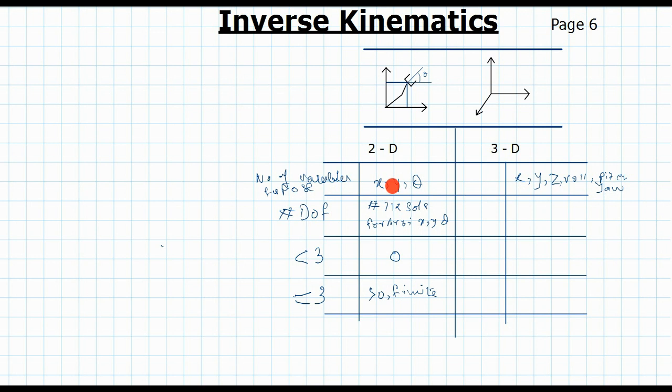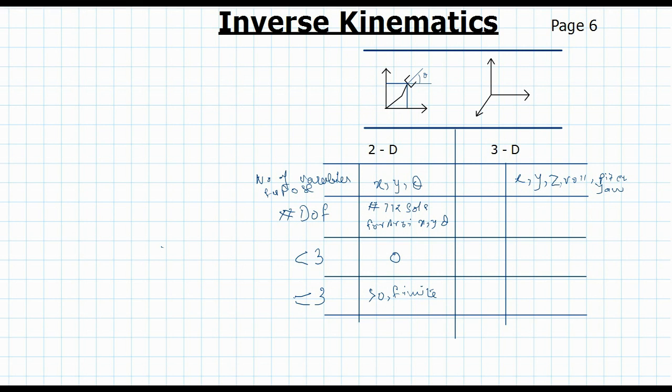There's going to be some workspace, inside this little piece of space, where the robot can reach any combination of x, y and theta in a finite number of ways, maybe 1, maybe 2, maybe 4, 6 and so on.